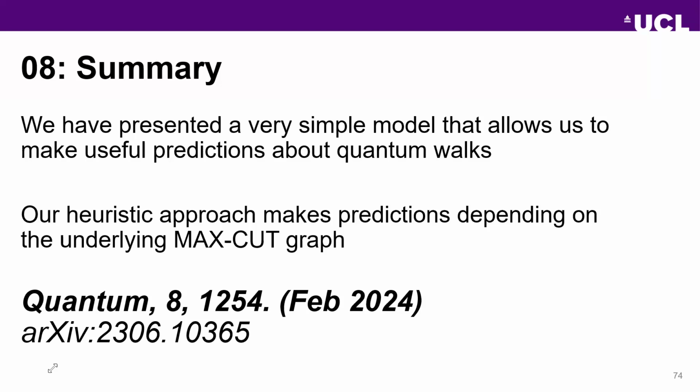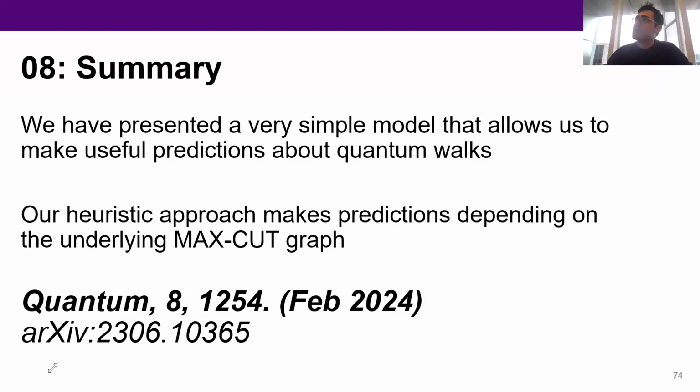Have you observed some worst case scenario, like some worst structure of your graph for this problem? What do you mean by worst case? For example, when you have this box plot, you have some outliers. Oh, I see. Do you know which structure of your graph makes quantum walks struggle the most?